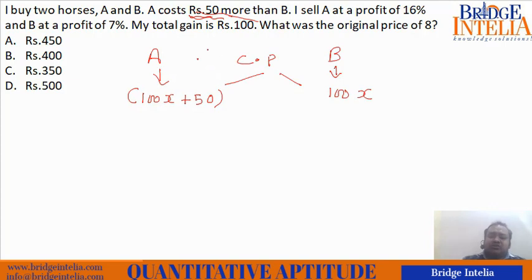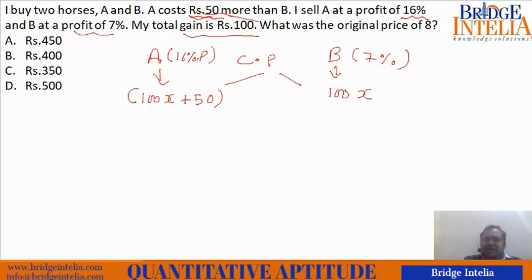Now what is known? It is known that he has made a profit of 16% by selling A, and by selling the second one, that means B, he has made a profit of 7%. And his total gain is given to be equal to rupees 100.